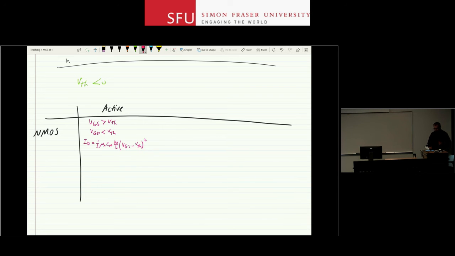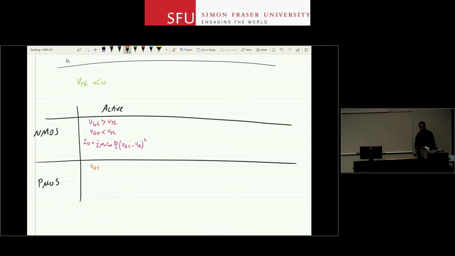Okay? For a PMOS, it's going to be very similar. So for a PMOS, you will have a VGS that has to be large enough to attract holes to the surface and create the channel, but the threshold voltage in this case is negative.